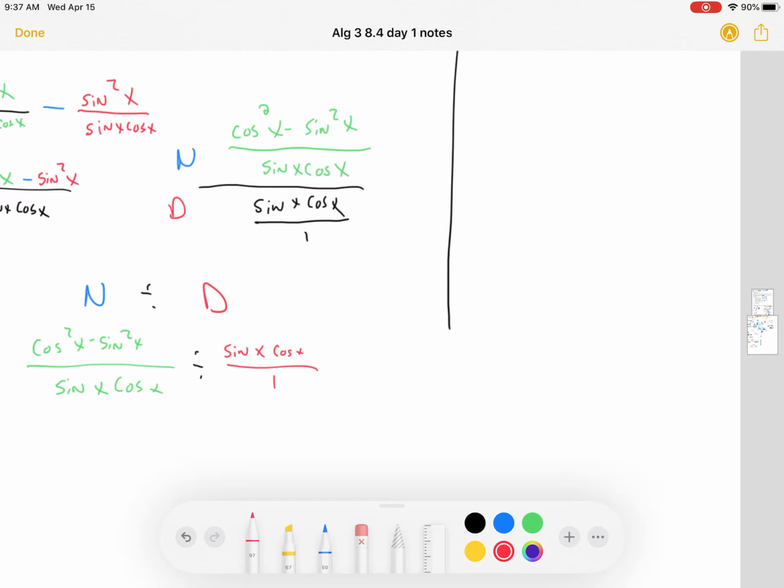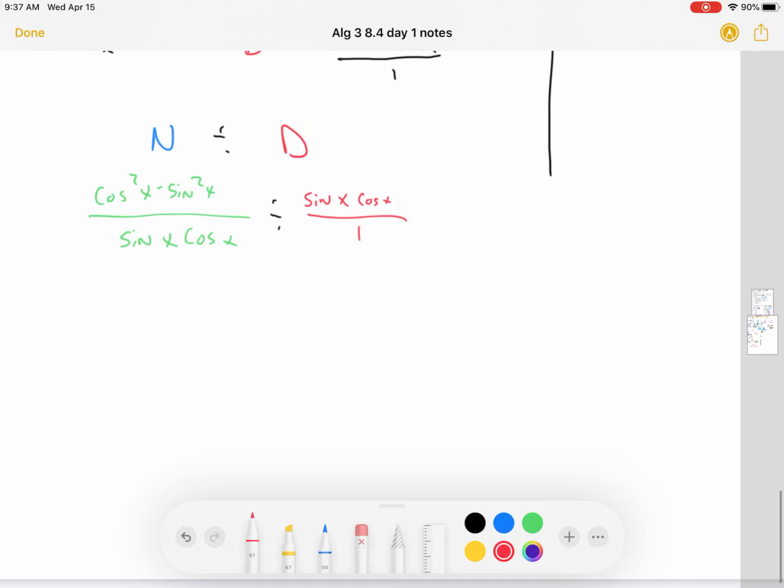Now I'm going to keep, switch, flip this beast. Everything stays the same, just for time's sake. I'm going to change this to a multiply and then flip this to 1 over sine of x, cosine of x.